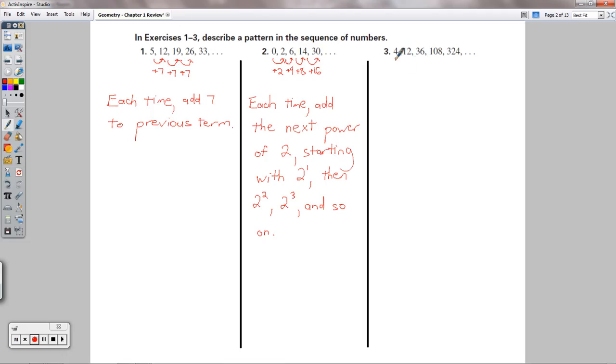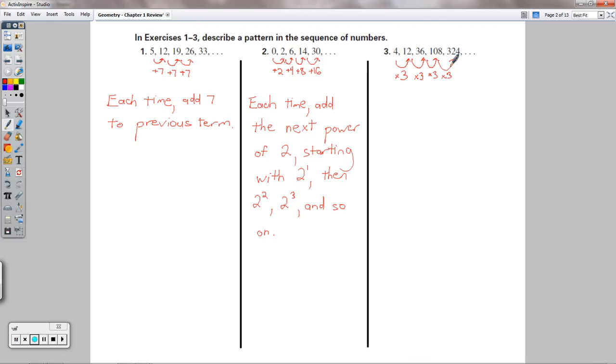And then for number 3, going from 4 to 12, 12 to 36, 36 to 108. Initially you might look at that and not quite be sure, but I noticed the pattern here. 4 times what? This one's times instead of adding something: times 3. And then 12 times 3 gives you 36. 36 times 3 gives you 108, and so on.